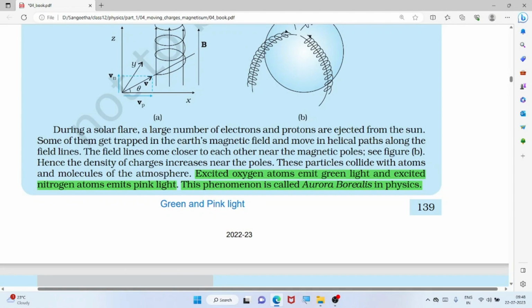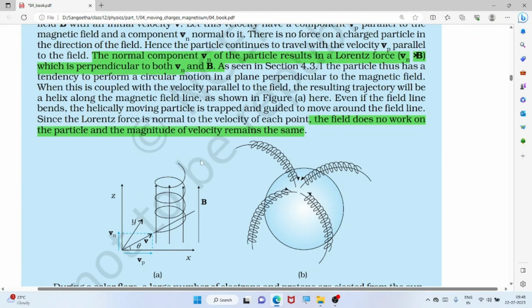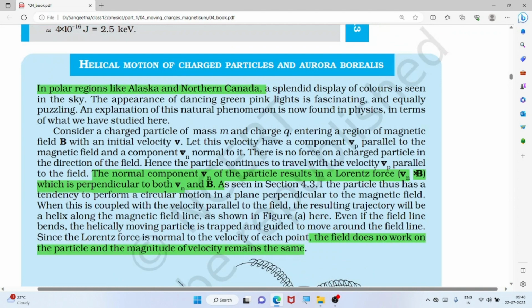This phenomenon is the aurora, which you can read about. That is why you see colors at the poles, in the polar regions, Alaska and northern Canada.